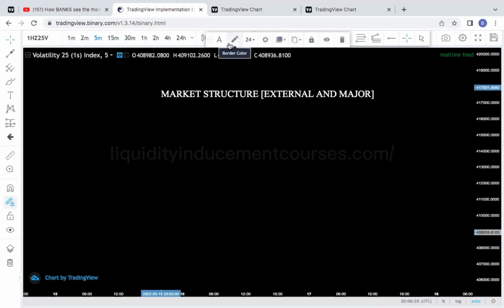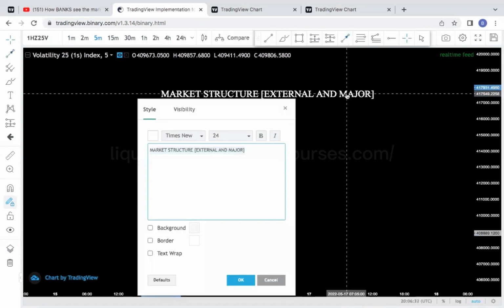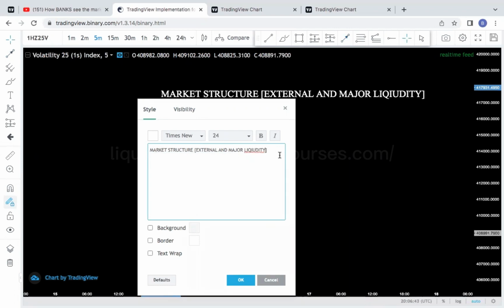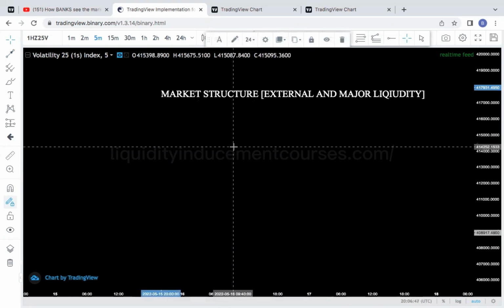Now, when you hear liquidity, what comes to your mind? Liquidity just refers to money.